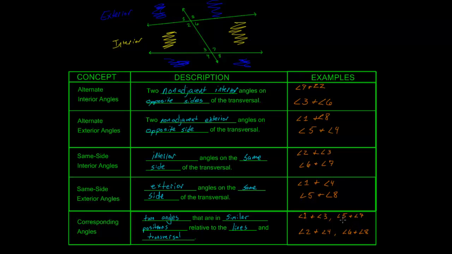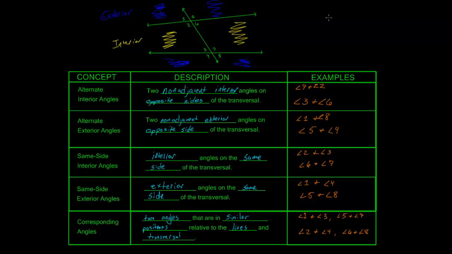So that should get you started with the alternate interior, alternate exterior, same side interior, same side exterior, and then the corresponding. Remember, everything has to be the same. If it's on the top of the line, or if it's on the left of the line, top of the transversal, these things could be drawn.